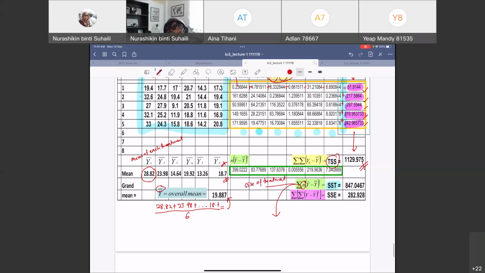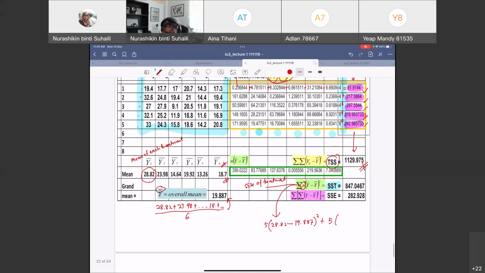If you see 1, 2, 3, 4, 5. So means 5 multiplied by the first treatment, 28.82 minus the overall mean, which is 19.887 square plus 5. All of the treatments have the same size.